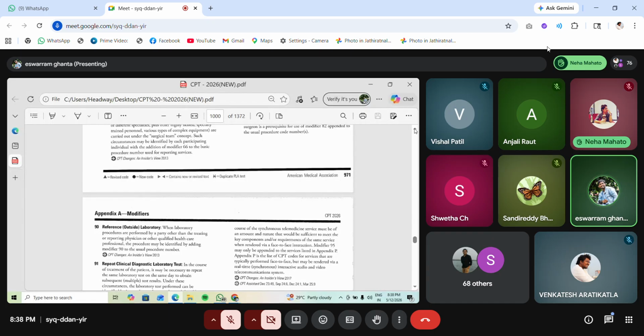For 74, discontinued outpatient procedure after anesthesia. Can I repeat again? Discontinued outpatient procedure after anesthesia. 73 is before anesthesia, 74 is after anesthesia.